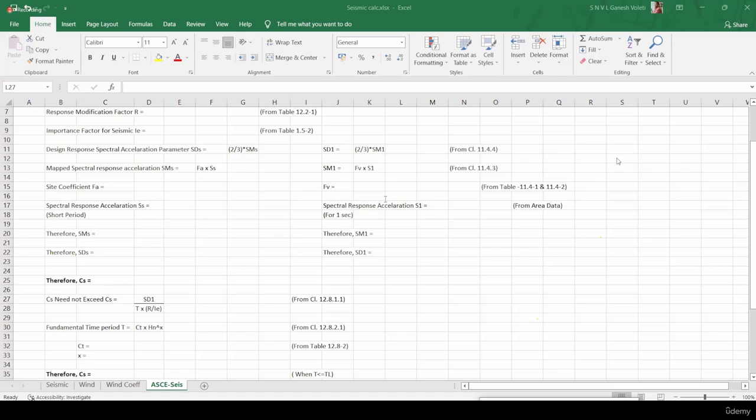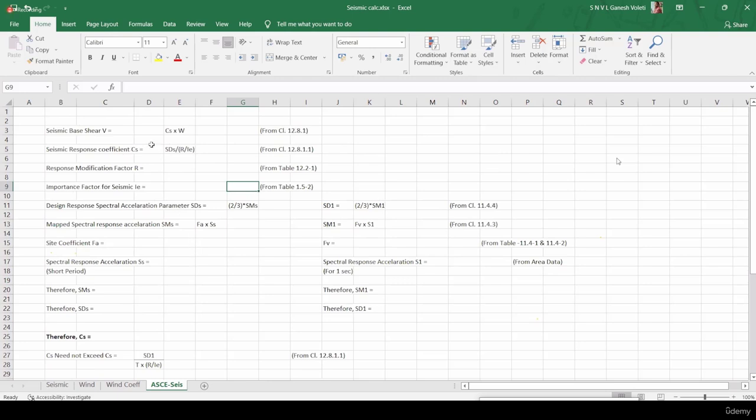7.3.2.1. Please explain page number or something. We have discussed all these, no? Design on IS code, yes, definitely. I'm going to tell you IS code design, and I'm going to tell you AISC design. Both the designs we'll discuss. Any other doubts? Because I have to go through seismic calculation, seismic base shear calculation according to ASCE 7-10.